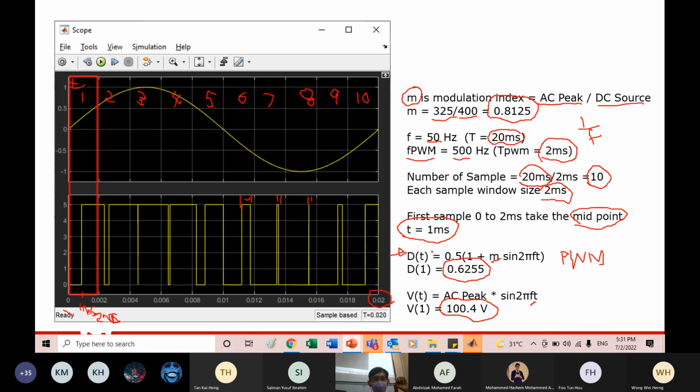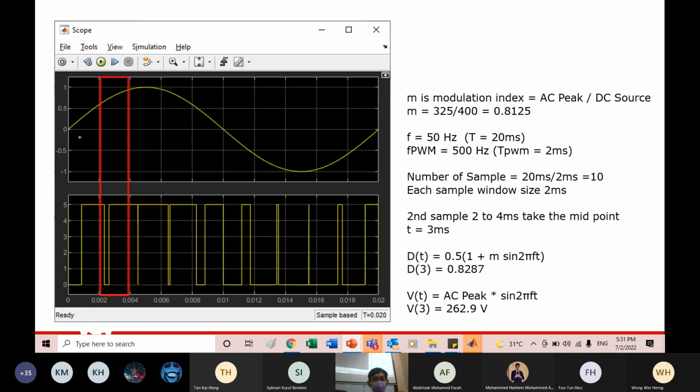Now, I work only up to 3 steps for you to verify. The first step is like that. For the second step, I move to the second piece. This one is the same, this one the same, this one also the same, but this one is different. T is 3 milliseconds, whereas previously it was 1 millisecond, because the second piece is 2 to 4, so the midpoint is 3 milliseconds.